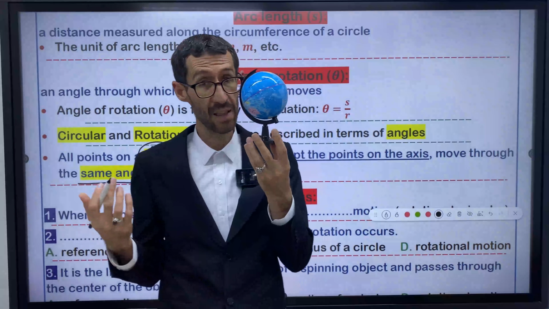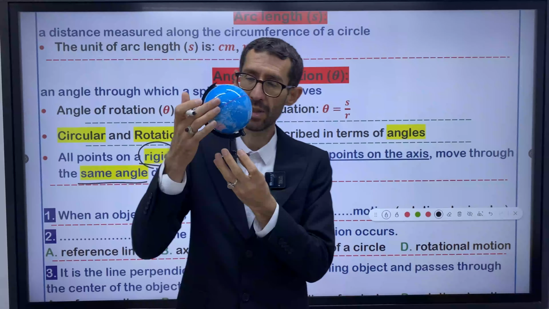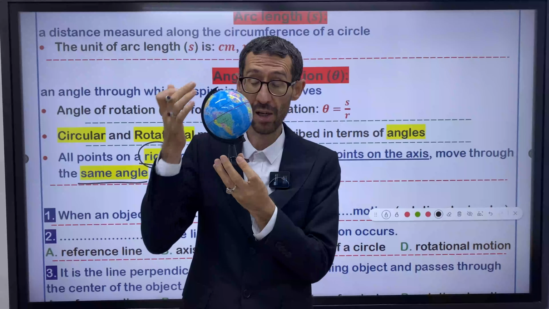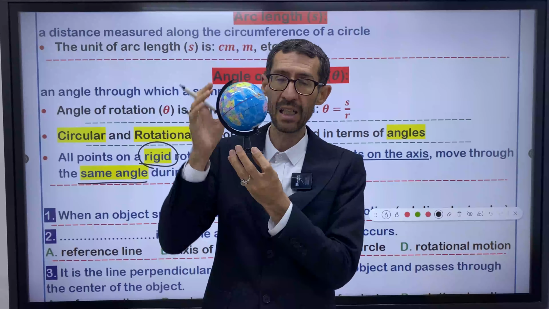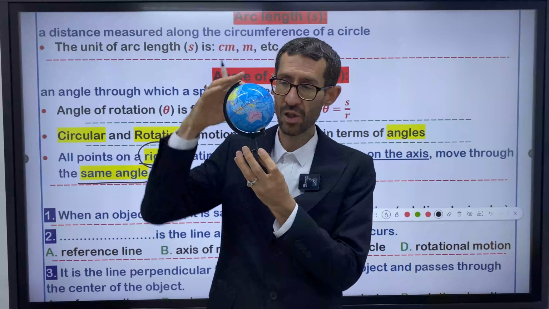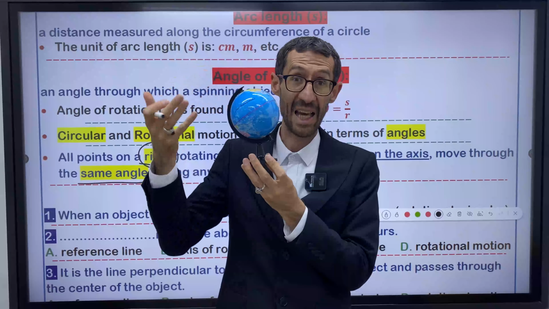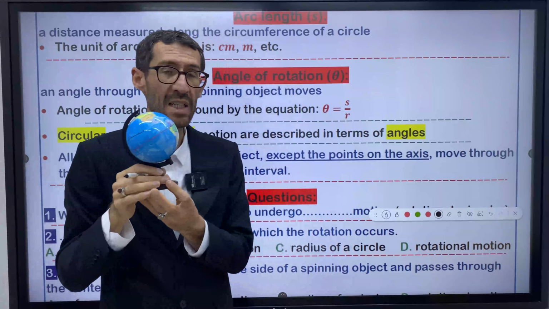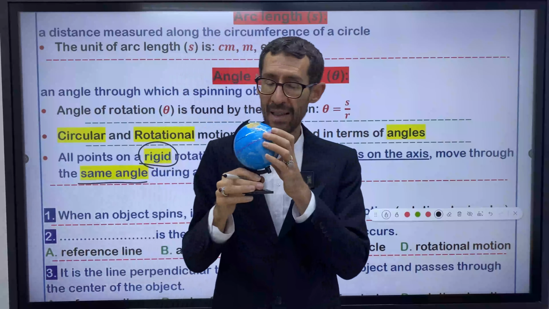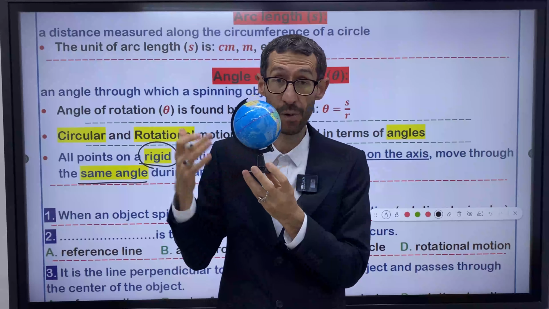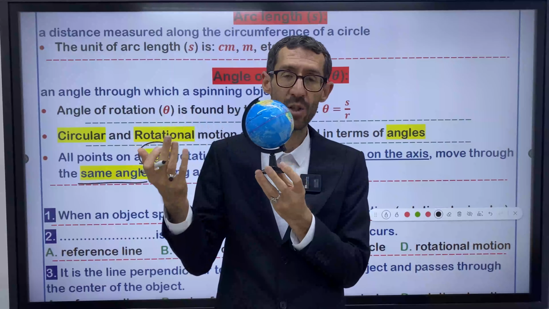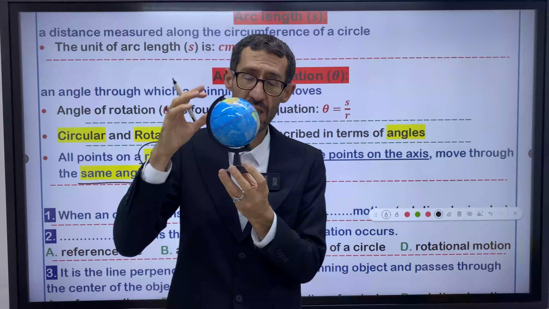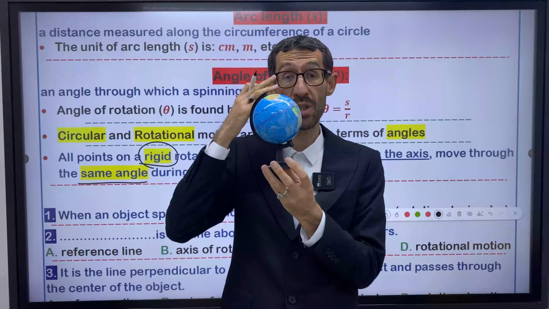It's a terrestrial planet. It's made of rock, right? It's not gaseous. That's why it's a rigid object. So this note is just for a rigid body. It's not true for gases or liquids. It's just for solids, and especially rigid bodies.